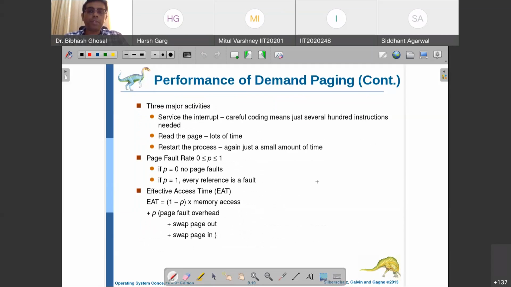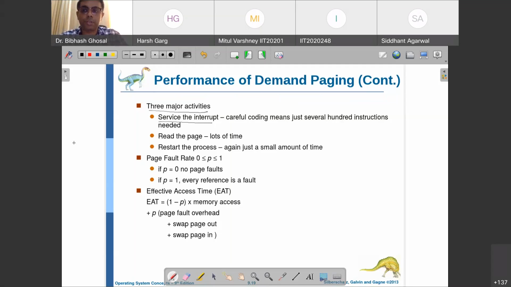The performance of demand paging is basically dependent on 3 major activities. Number 1, service the interrupt. Whenever there's a page fault, a trap is sent to the operating system. Trap means an interrupt, and interrupt means whatever was going on has to be saved.